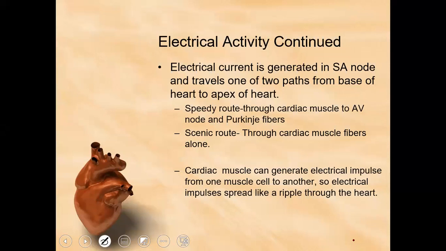From the picture I just showed you, we have a very small distance from the SA to the AV, that's the speedy route. The impulse goes directly from SA to AV, because the AV's job is to collect some of that energy. And then some of the energy from the pacemaker diffuses across all the atrial fibers, causing them to actively contract.